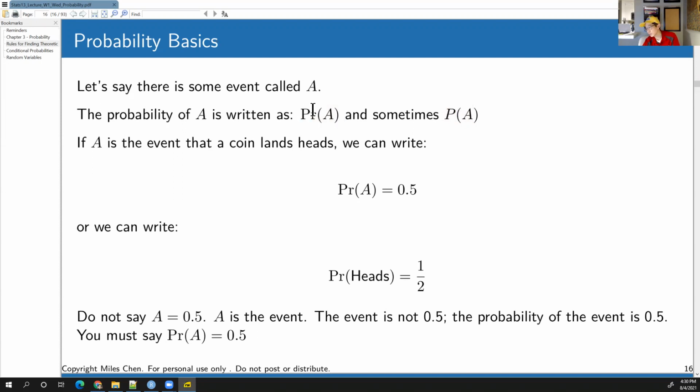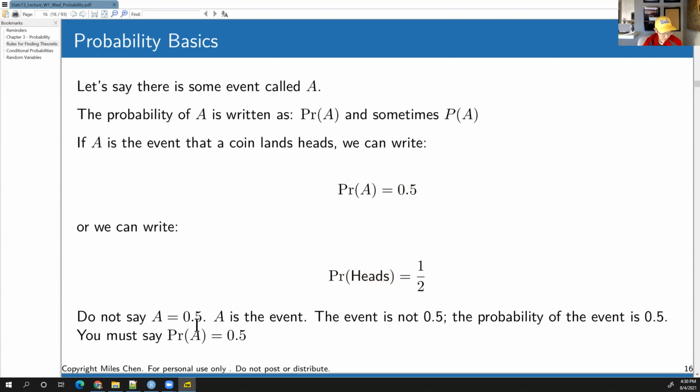So these are two similar ways of writing the same thing. Probability of A is going to be written this way, okay? And so if we say event A is the event that the coin lands heads, we can write something like this. We can say the probability of A, the probability that the coin lands heads, is equal to 0.5, okay? We can also write something like this. Probability of heads is equal to 1/2, all right?